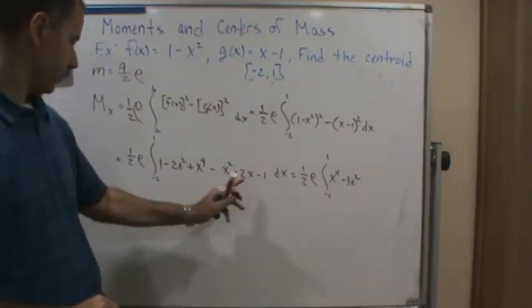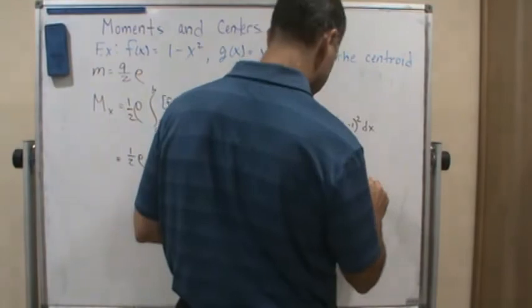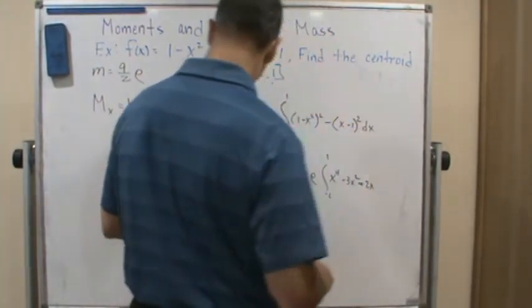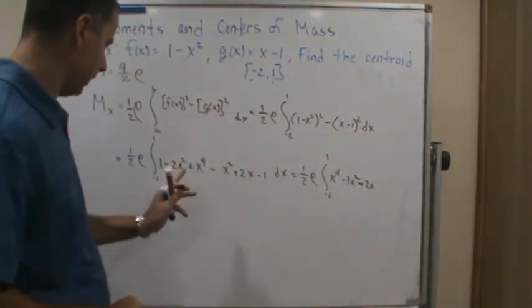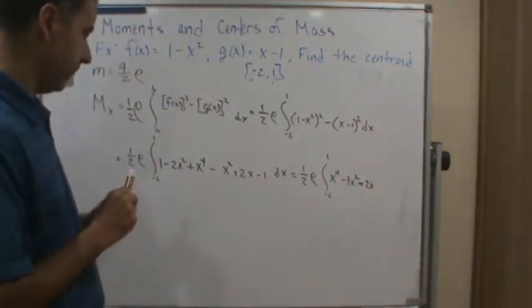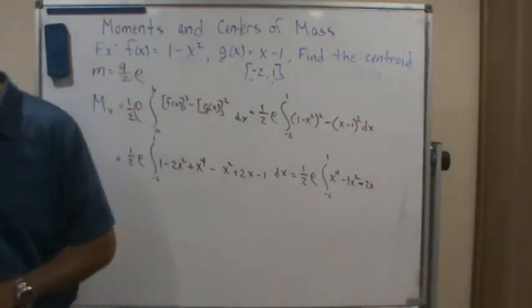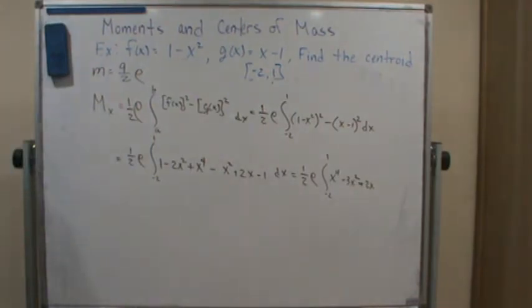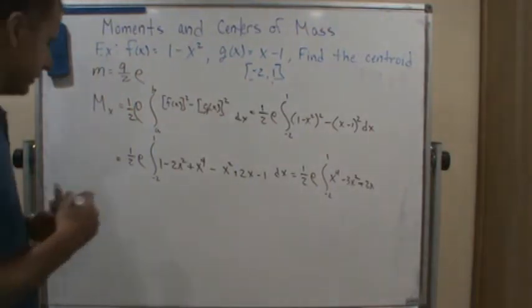So there's an x, so that's 2x. And then the constants, we got a 1, and we got a minus 1, so the constants go away. And so that's what we're left with. And so now we're ready to integrate. So let's integrate this thing.